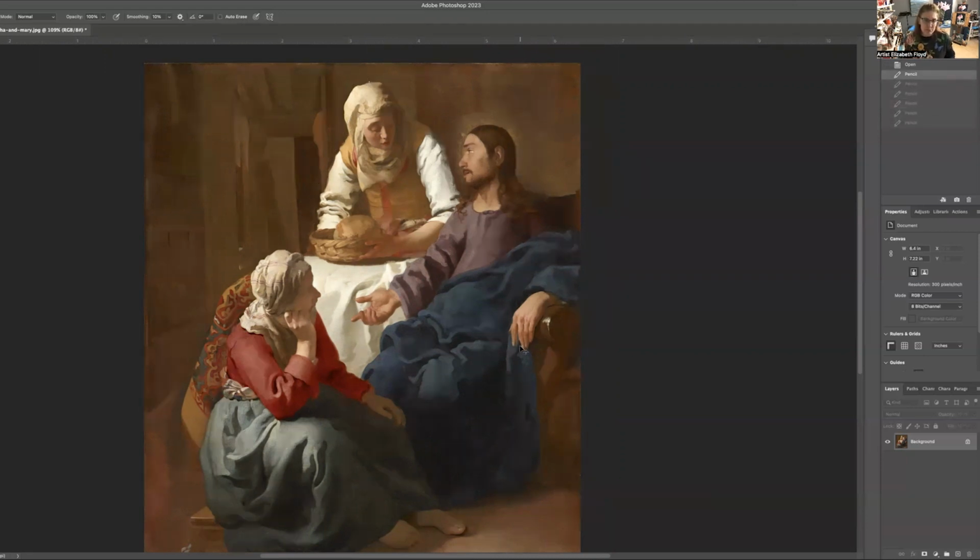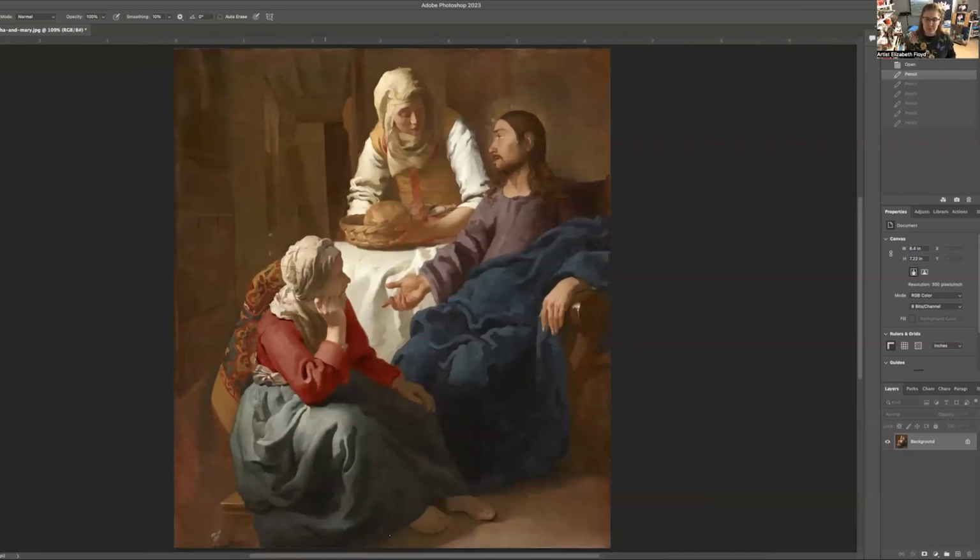It is thought that this was probably a commission that Vermeer was commissioned to create. So with that, he may not have had 100% creative control. This is very early in his career. It's circa 1655. And so there's a lot to be said about that.